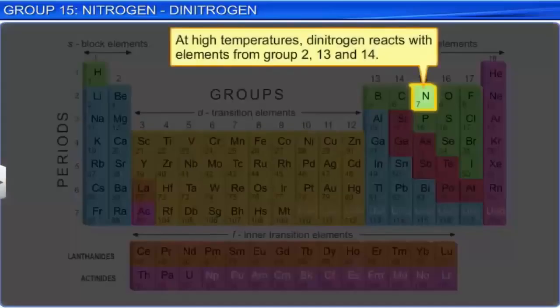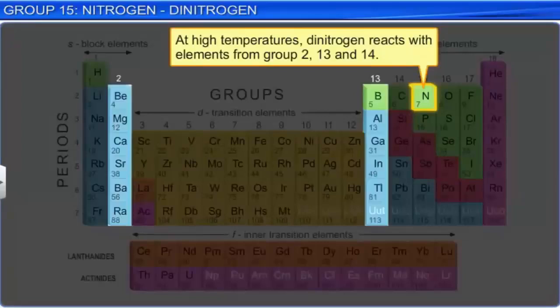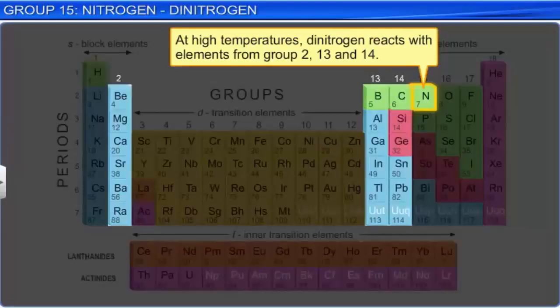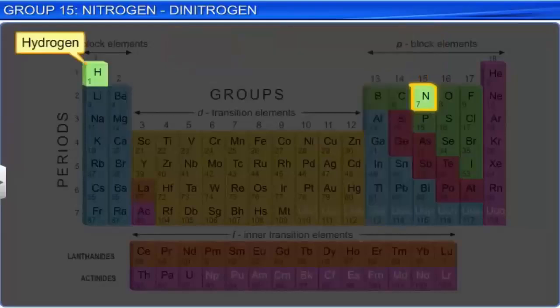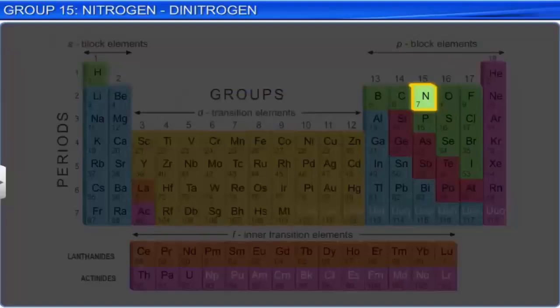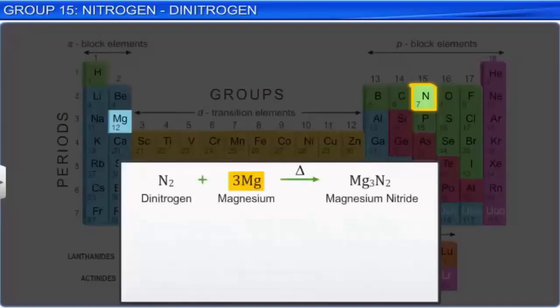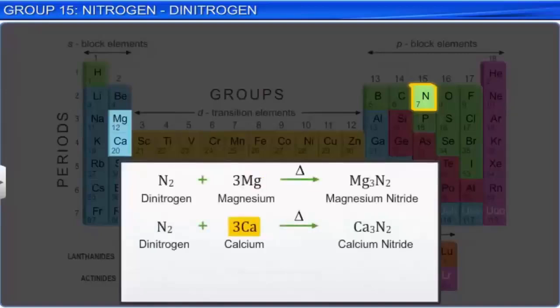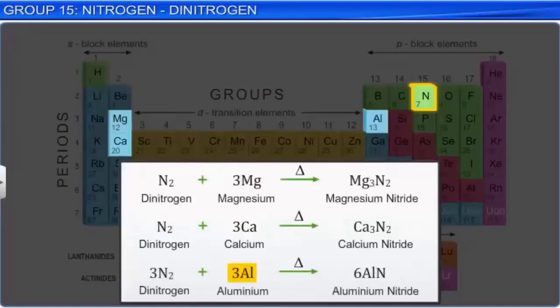At high temperatures, dinitrogen reacts with elements from group 2, 13 and 14. It also reacts with hydrogen, oxygen and certain transition elements. At high temperatures, dinitrogen reacts directly with metals such as magnesium, calcium and aluminium to form the respective nitrides.